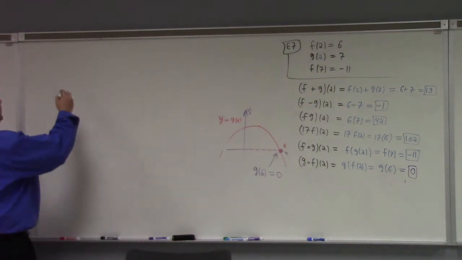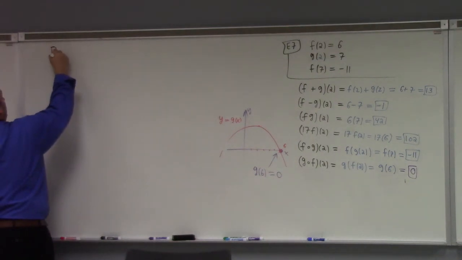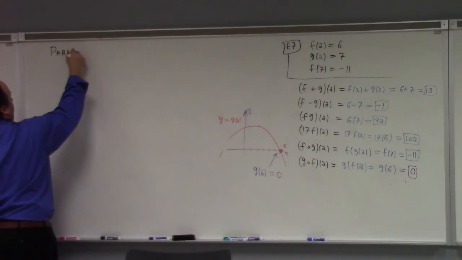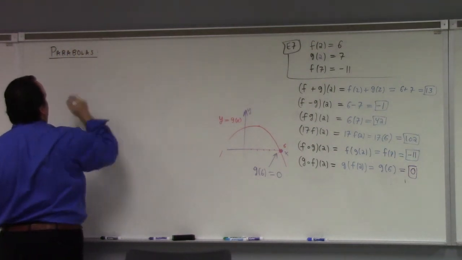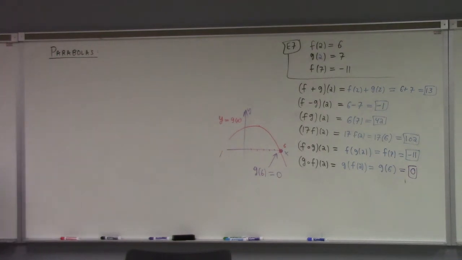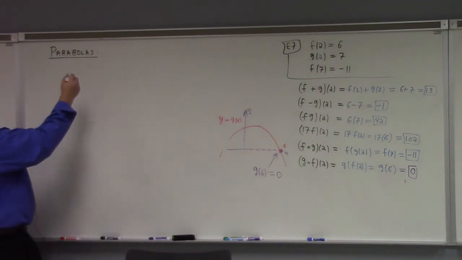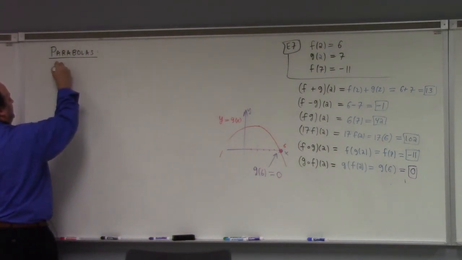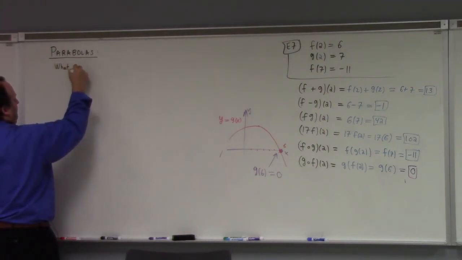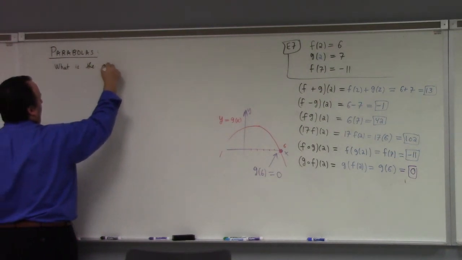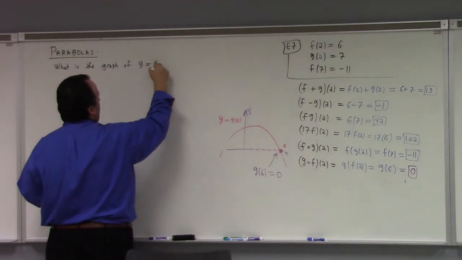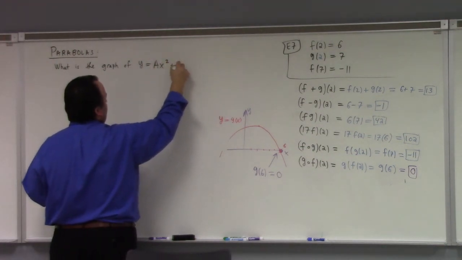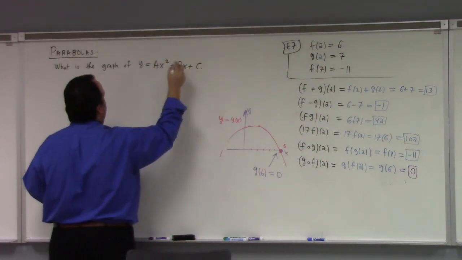So we need to talk about parabolas. Now, to be fair, I'm not really talking about general parabolas. In particular, I want to discuss what is the graph of y equals ax squared plus bx plus c, right?